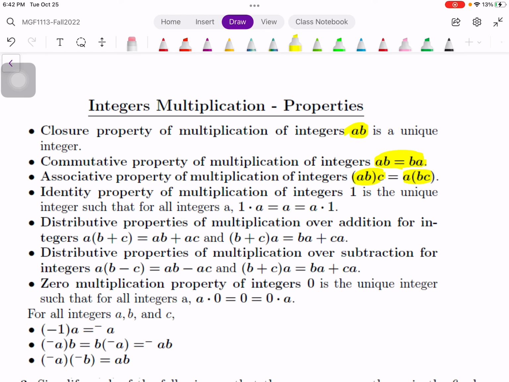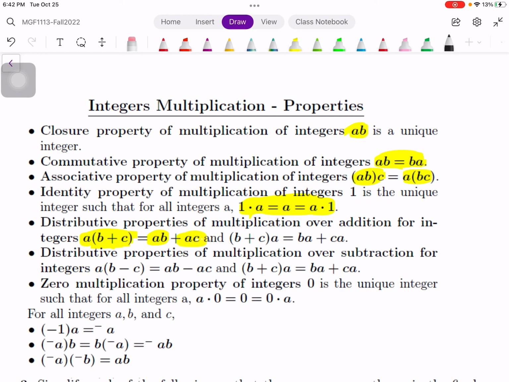Then you have the so-called identity property. So one is the identity for multiplication, because when you multiply any number by 1 on either side, it's not going to change it. It's still a. So one is called the identity for multiplication. You also have the distributive property of multiplication over addition. A times (b plus c) is ab plus ac.